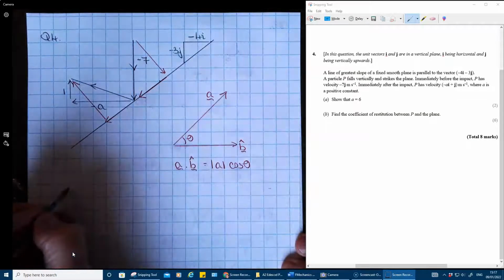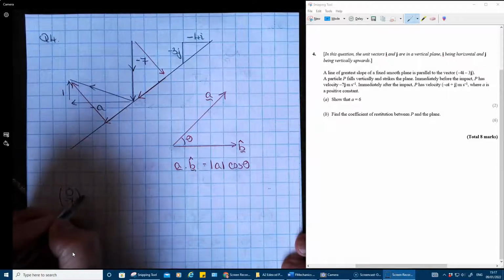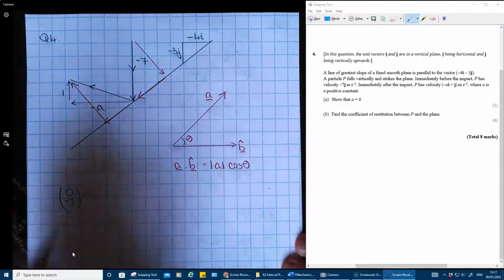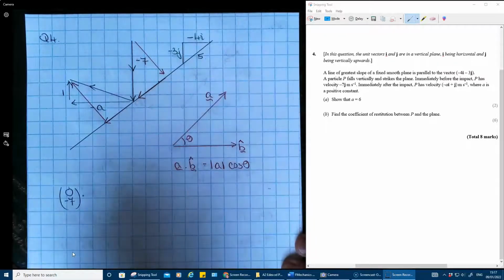So I'm going to do 0, minus 7, dotted with, now remember I want a unit vector, this is 3, 4, this will be magnitude 5.